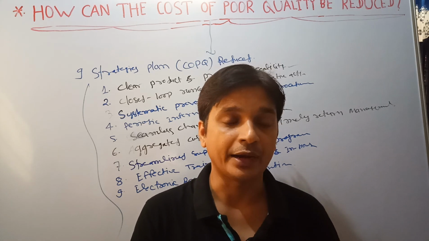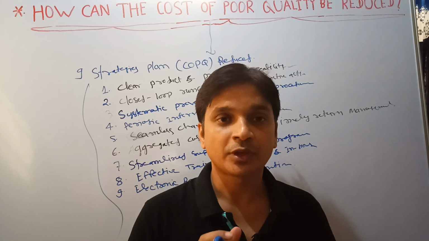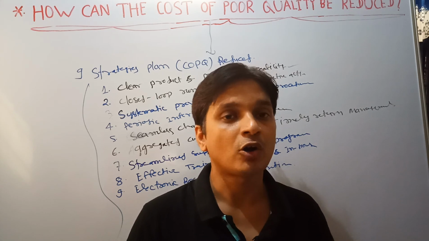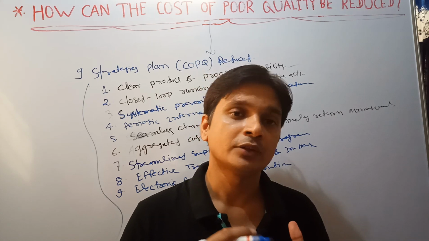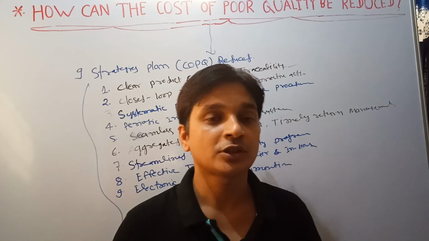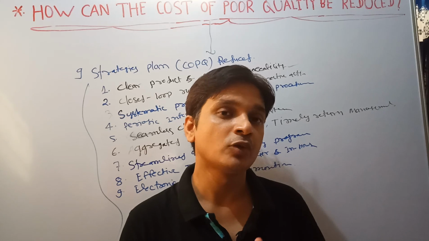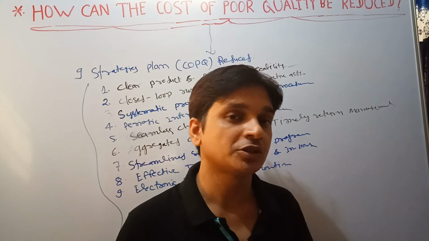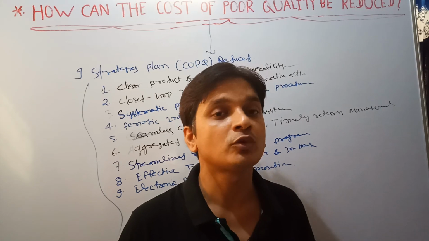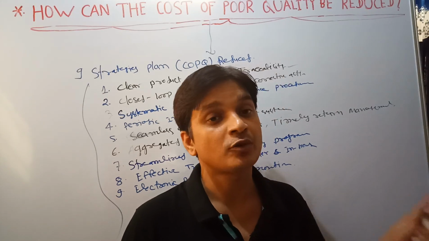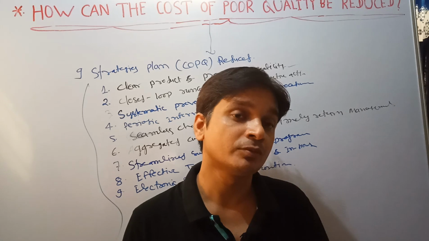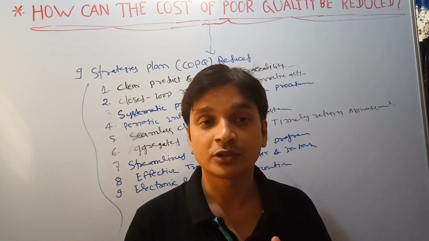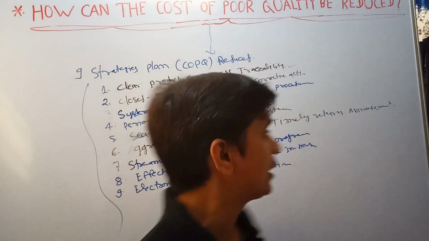For example, if some non-conforming product flows from one process to another, with traceability you can easily find that this problem is happening in the machining process. So you go to that machining process and find the root cause. You reduce the time for finding the root cause, and in this way you reduce the cost of poor quality.